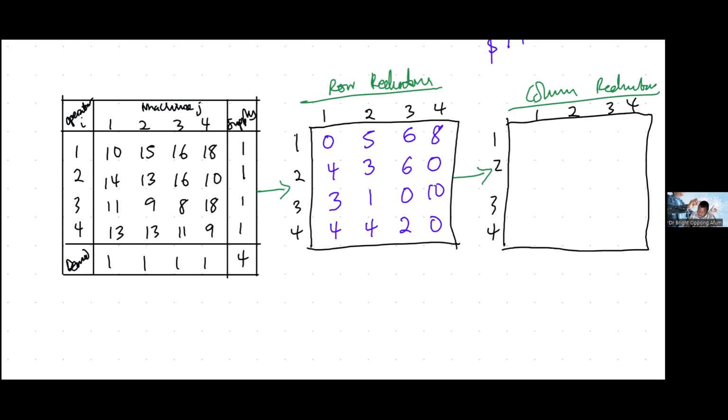So the first column, 0 is the minimum: 0, 4, 3, 4. The minimum here is 1. So 4, 2, 1 from itself 0. Then 1 from 4 is 3. Minimum is 0, so 6, 6, 0, 2. Minimum is 0, 8, 0, 10, 0.